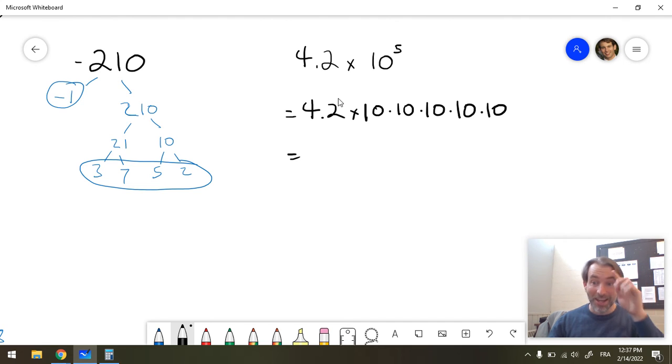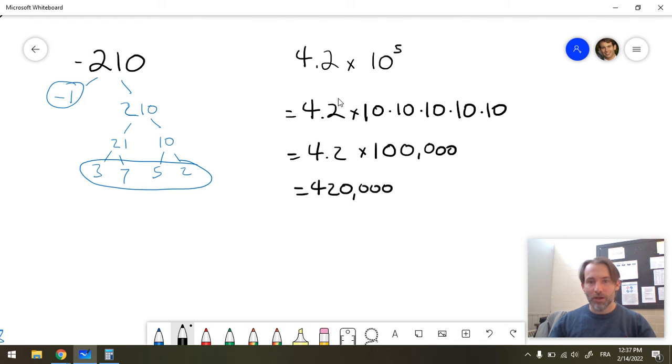So let's do that. 4.2, I didn't change that, times 1 with 5 zeros: 1, 2, 3, 4, 5. This is 100,000, okay? So this is 420,000. So here we go. 420, comma, 000. There we go.